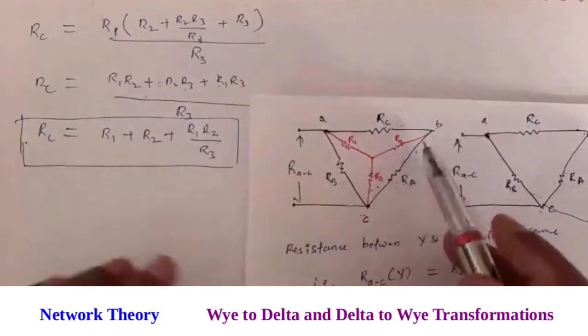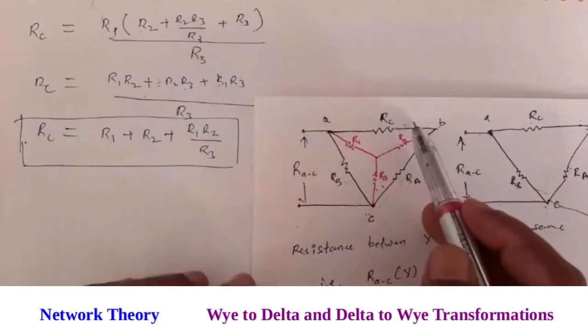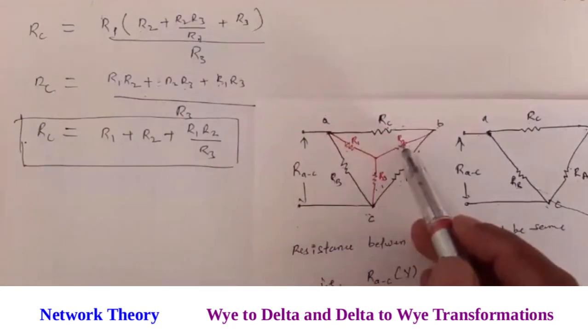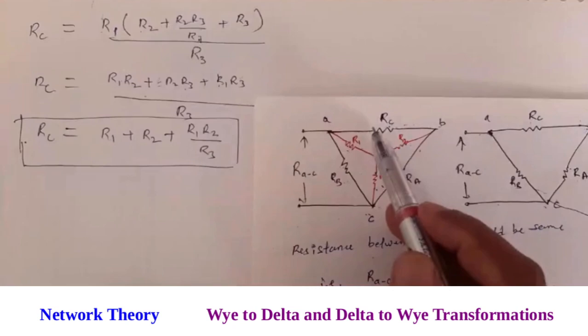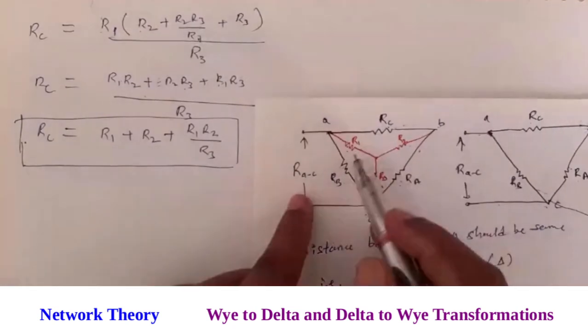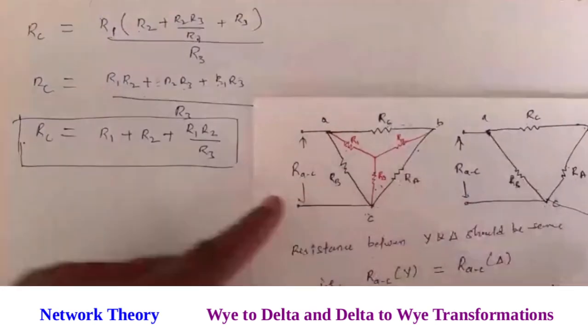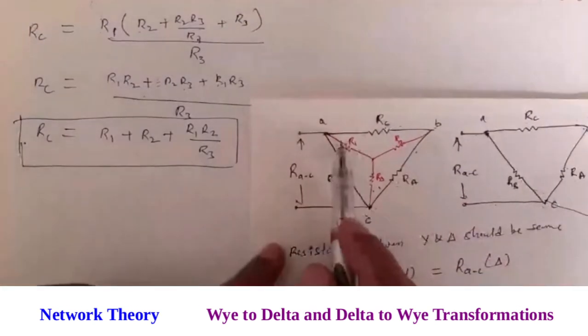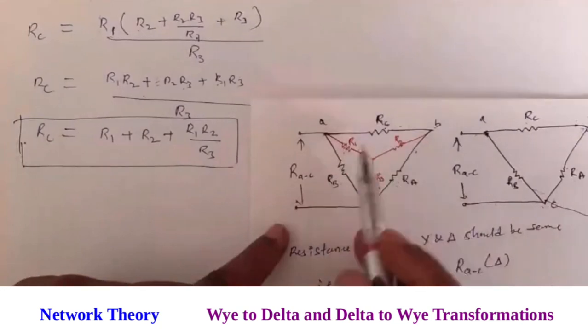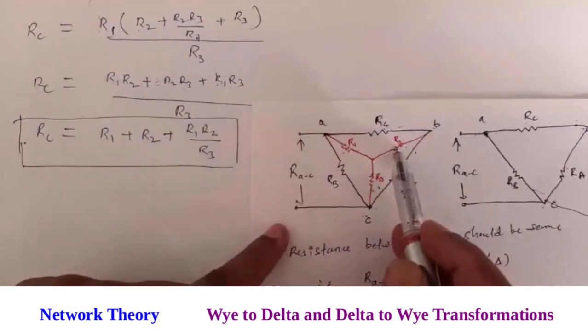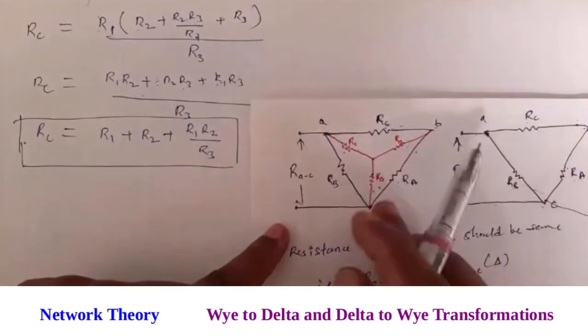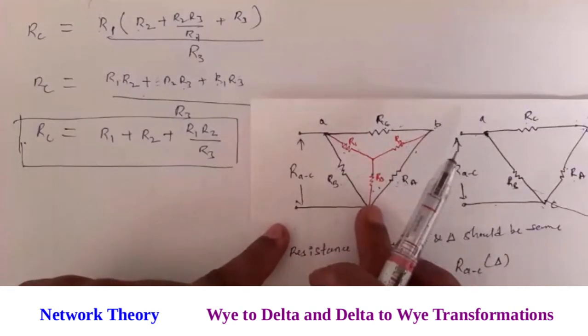How? RC is here, and R1 and R2 are both the resistances which have been connected to RC. So if I want to find RC, it is R1 plus R2 plus R1 R2 divided by the resistance which is not connected to it. That's nothing but R3.